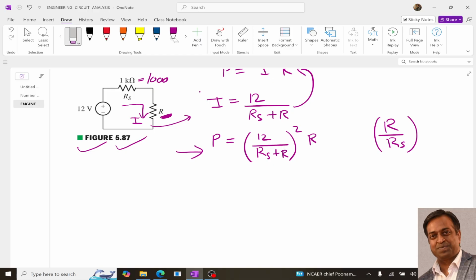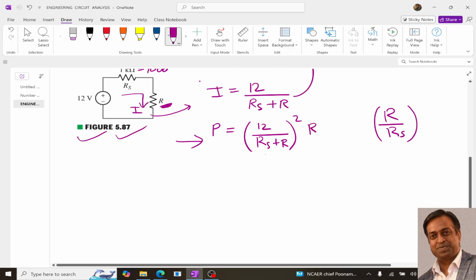For this, I can multiply and divide this denominator with RS.